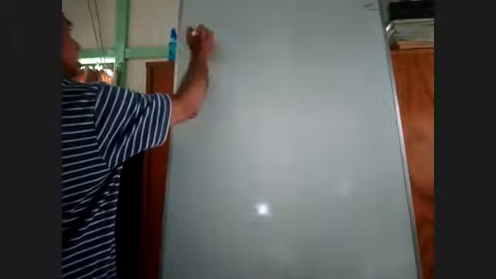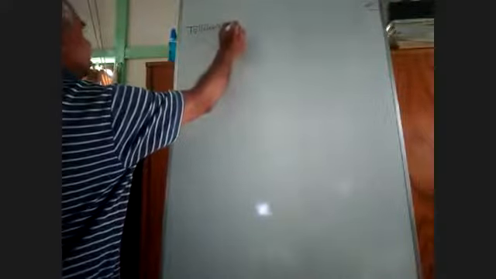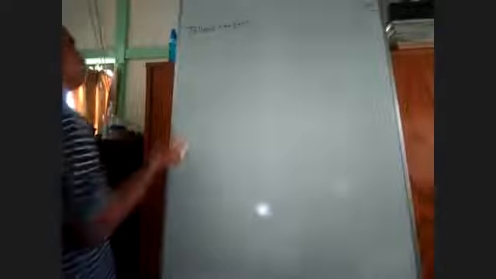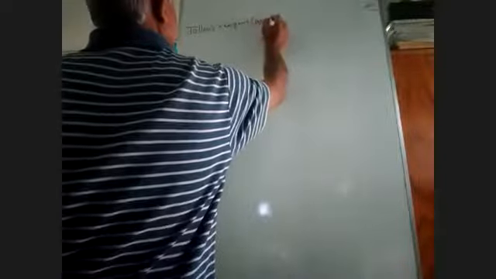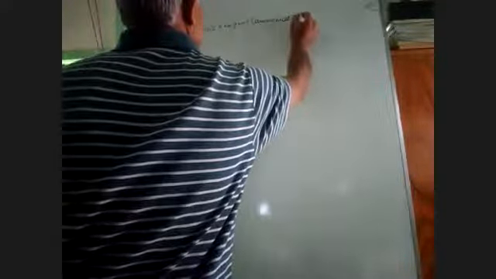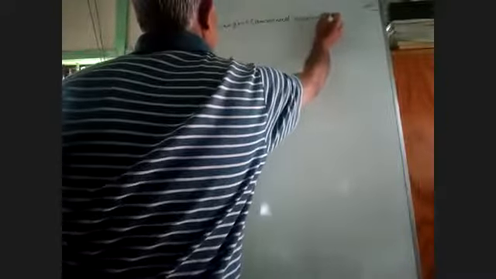And these can be oxidized by even mild oxidizing agents such as Tollens reagent, within bracket you write ammoniacal silver nitrate.